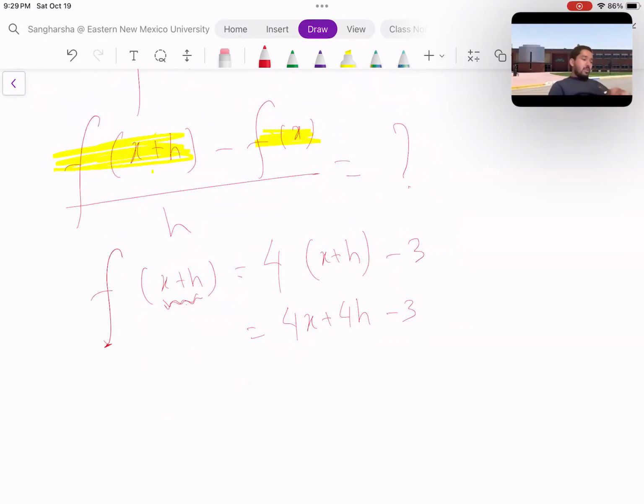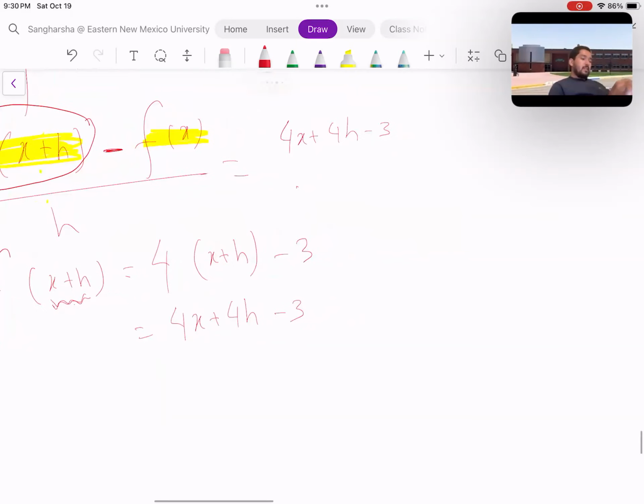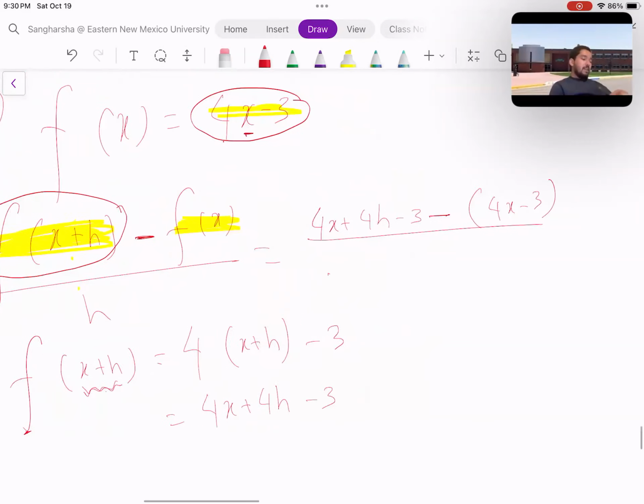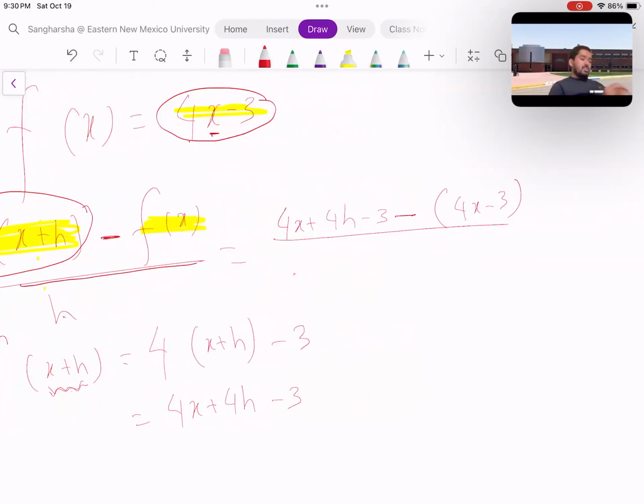Now, we have f of x plus h. We have f of x. You substitute here. So for f of x plus h, we have 4x plus 4h minus 3, then negative f of x. F of x is 4x minus 3. You have the two terms, so make sure parenthesis 4x minus 3, divided by h.